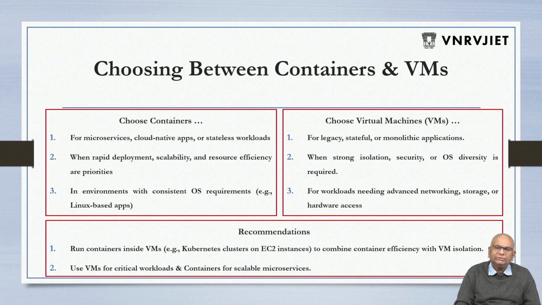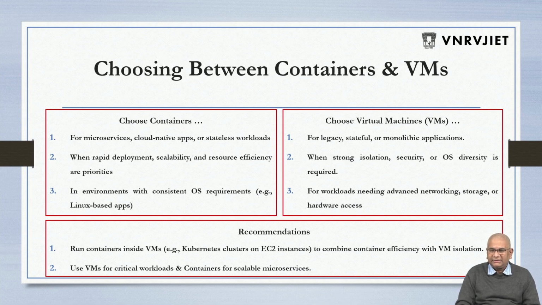Now, when to choose a container architecture, when to choose a VM. So, you have an application, you want to host it in a VM or in a container. Here is the table. Choose containers for microservices, cloud-native apps, stateless workloads. Whereas choose VMs for legacy, stateful, and monolithic applications.